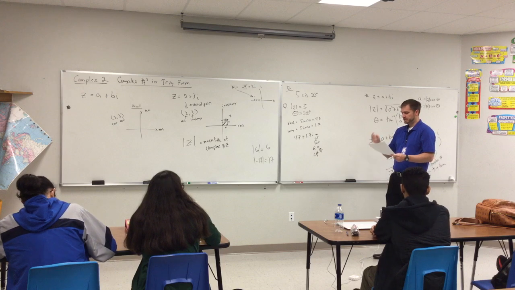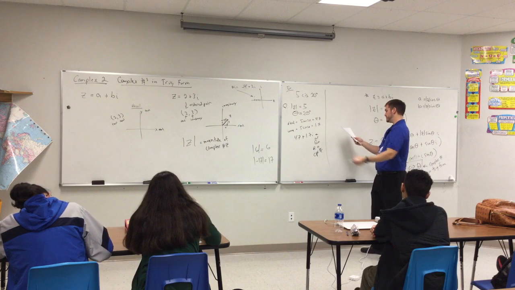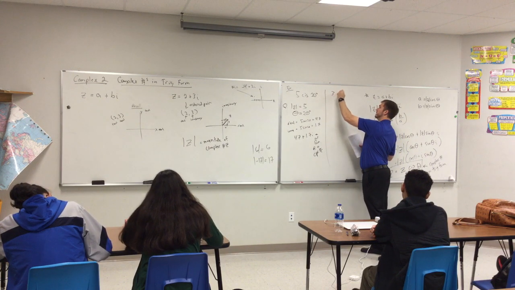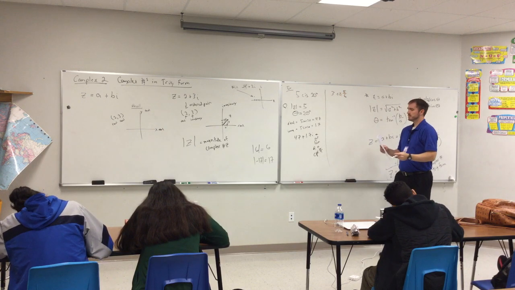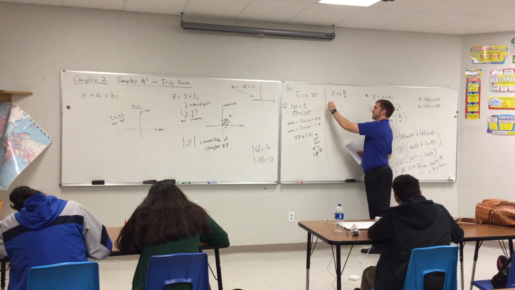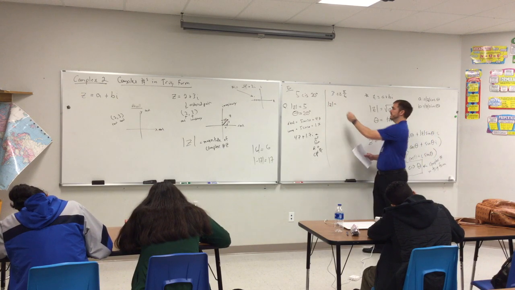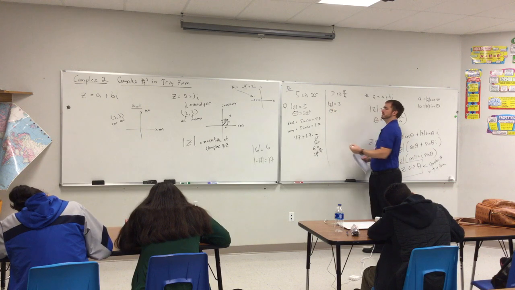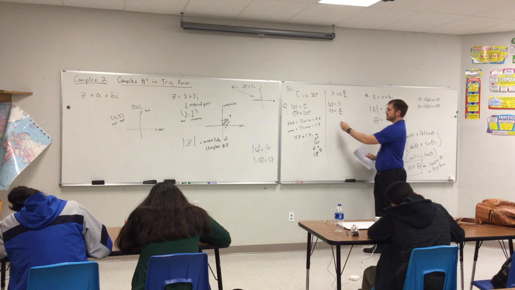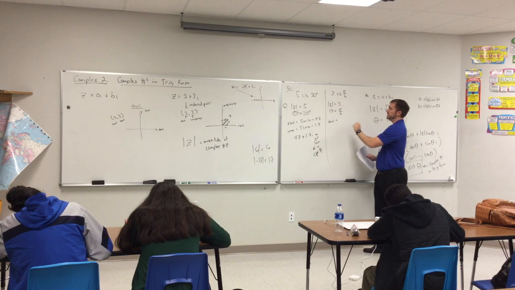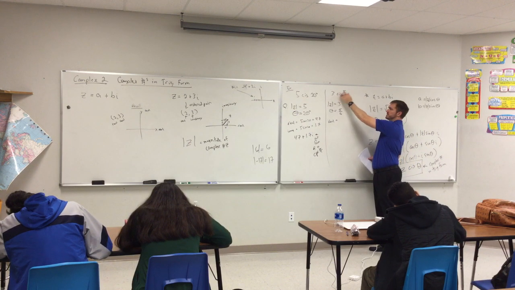Let me give you another one just to see if we're on our toes. We might go exact answers on this, okay? So 3 cis pi over 6. All right, class. What's the magnitude? 3. What's the angle? Pi over 6. The real part, following that same pattern, is going to be magnitude cosine the angle.